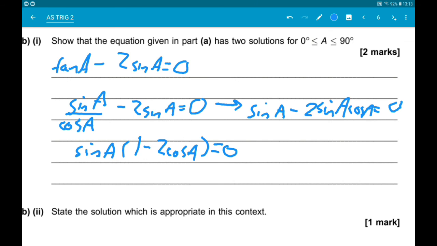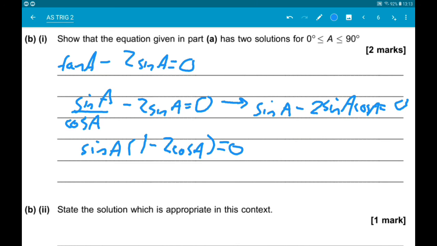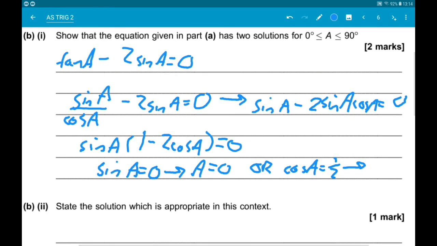Now, from that, we get either sine A is equal to 0, which would tell us A is equal to 0, or cos A is 1/2, which would give us A is 60.